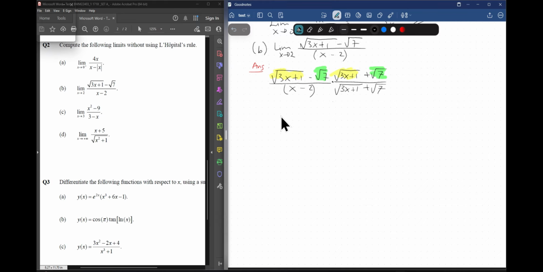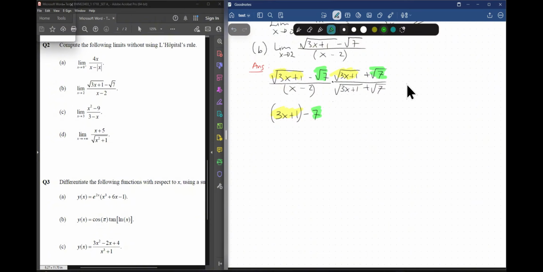So in this case, the numerator becomes 3x plus 1 only, canceling the square root sign, and then the sign here is minus, and the same thing, we cancel the square root sign on 7. So this one is the first element, and the 7 here is the second element. We cancel the square root sign, but we maintain the negative sign.